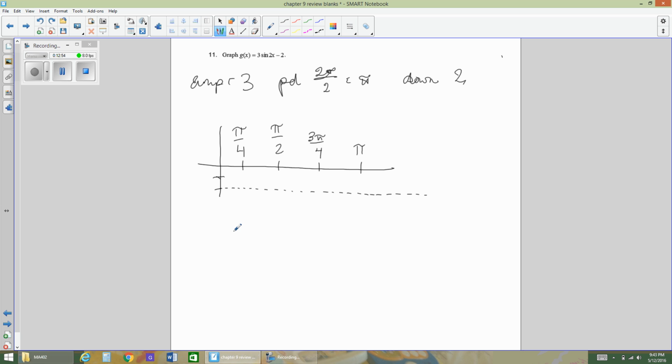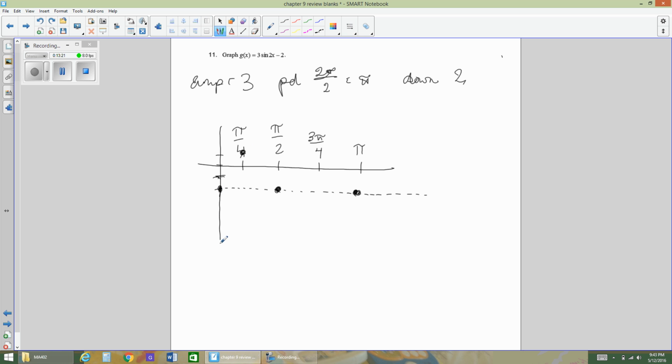Sine always starts on the midline. And I'm going to put my points on the midline first this time so I don't forget. Ooh, that doesn't really look like the middle, does it? Oh well. Now we're going to go up, and our amplitude is 3. So I've got to go up 1, 2, 3, make a point.